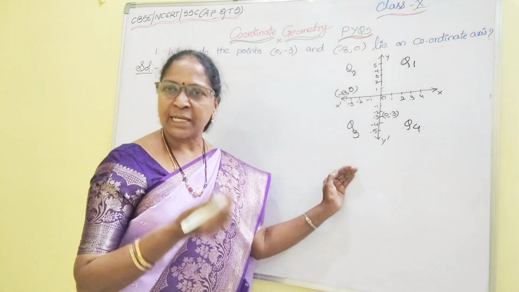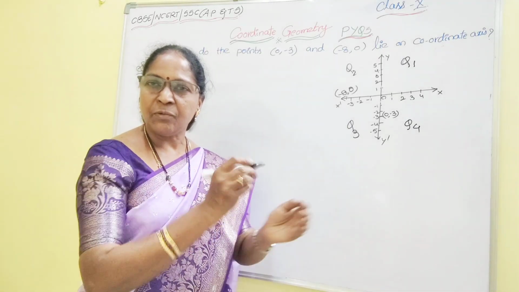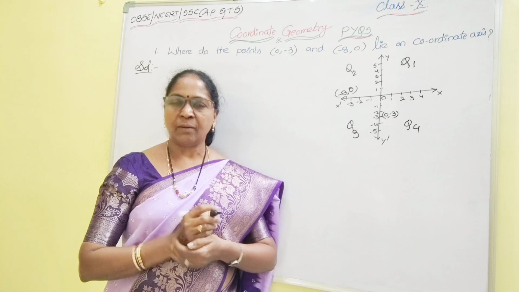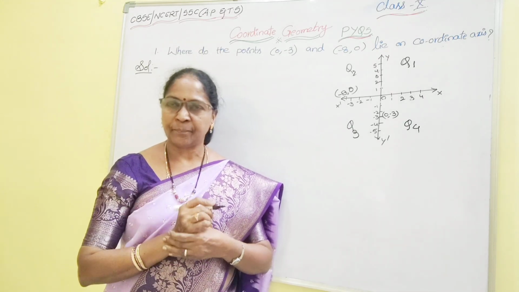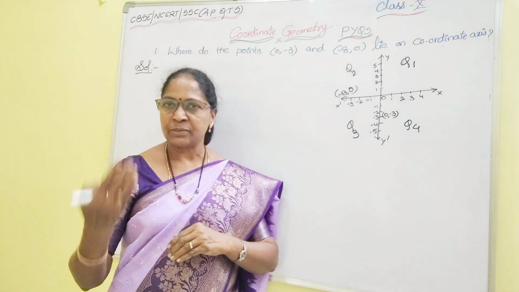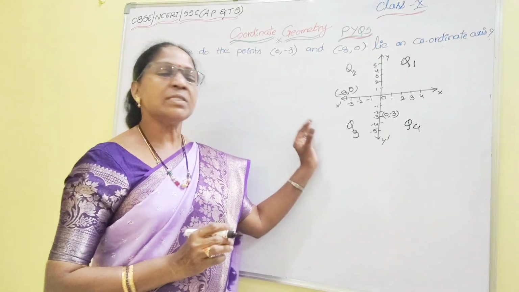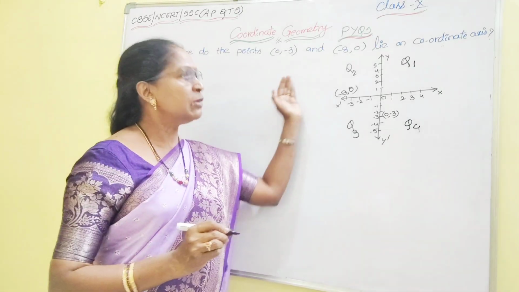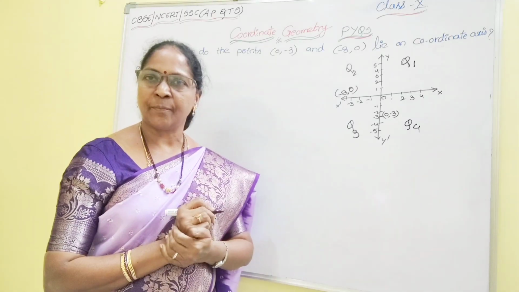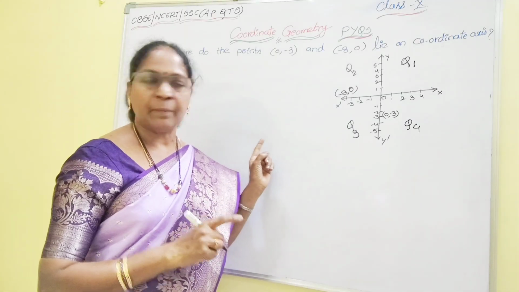If you observe previous year papers, you can understand what type of questions they can give. For 4 mark questions, maximum direct questions they will give. So concept is also very important. If you know the concept, then easily you can solve each and every sum. So you have to remember that.